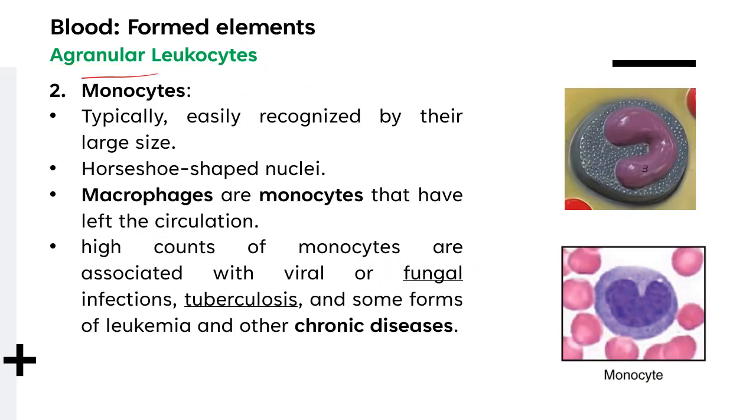The last ones are the monocytes. Those are huge. Those are the largest cells that we can see in our blood. Interesting here is monocyte and macrophages. The name changes depending on where you see these cells. If you have a cell in the blood, it's called a monocyte.